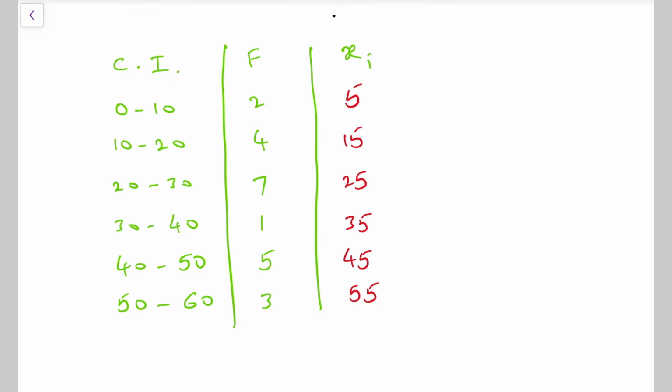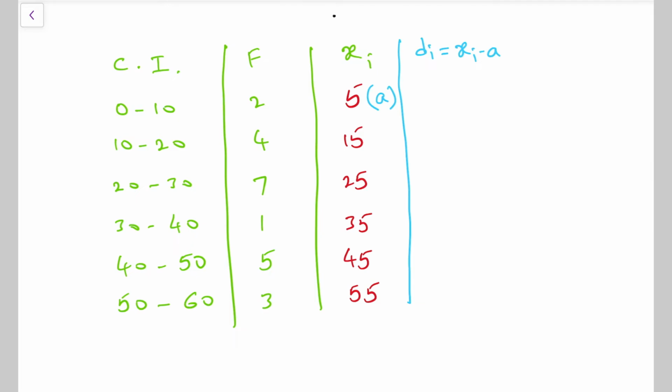Then fourth column. This fourth column is di, which is nothing but xi minus A. So what exactly is this? In this xi, that is in the third column, any number you pick, that is your wish. Most of the persons will take from the middle, but it is not at all mandatory. Any number you can take. So I am taking the first number.